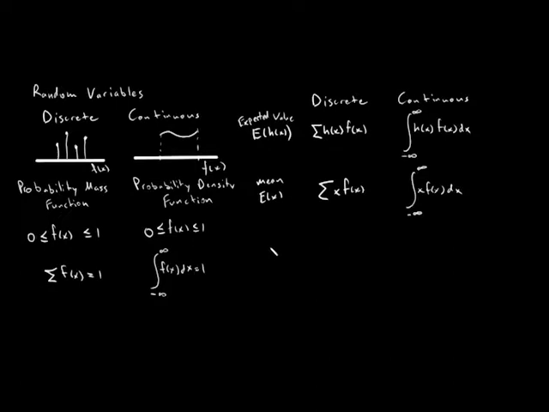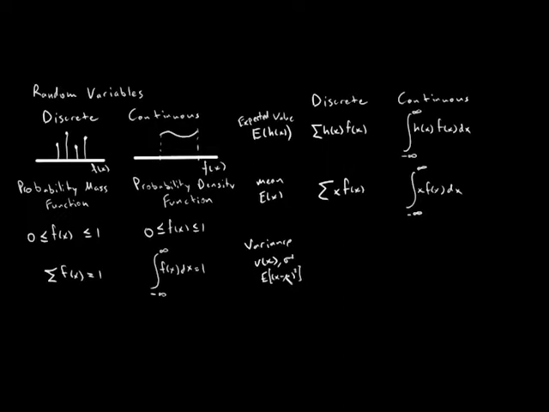Now there's also something called variance, which we sometimes denote as V of x, and it's also denoted with a sigma squared. The variance is the expected value, I'll write that down too. It's the expected value of x minus mu squared.